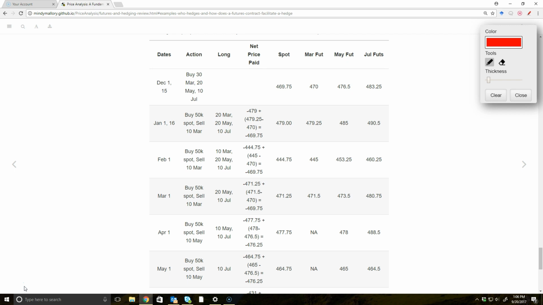Well, what happened is that it is true that they should get the spot price that they saw on December 1st, but they are going to have to pay for basically storage fees that stockholders are incurring in the market. And if you take a look at this number we got, $476.25, that is equal to 1/4 cent under the May futures contract. And that is exactly what we would expect.